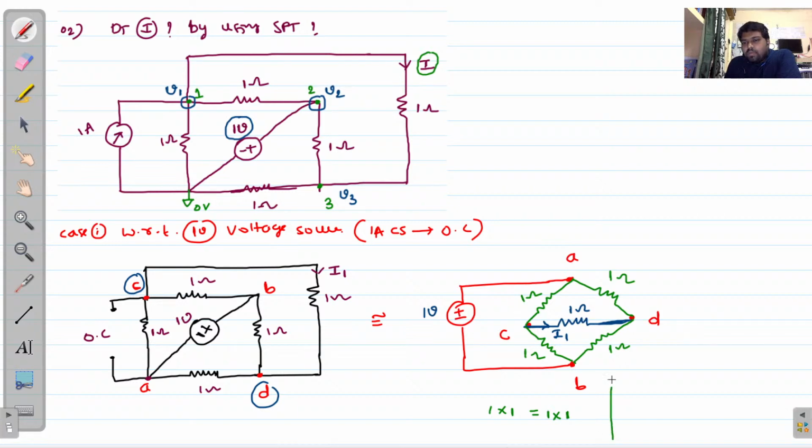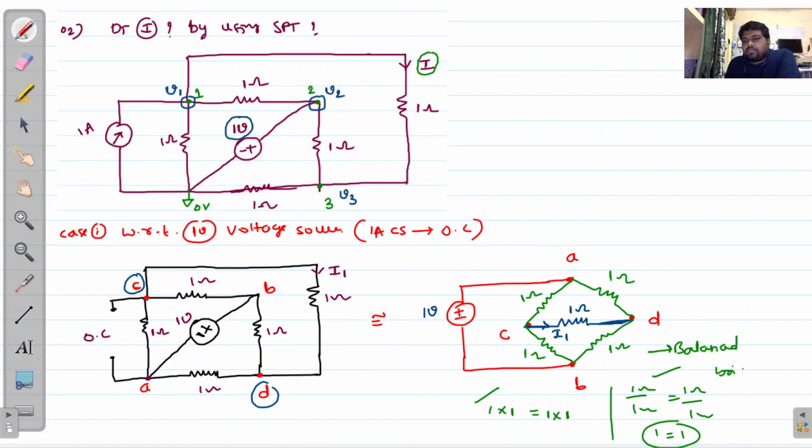That means 1 ohm by 1 ohm equals, and if you consider this side, 1 ohm by 1 ohm, so you will get 1 equals 1. If those two products are equal, or if those two divisions are equal, then it satisfies the balanced bridge condition.